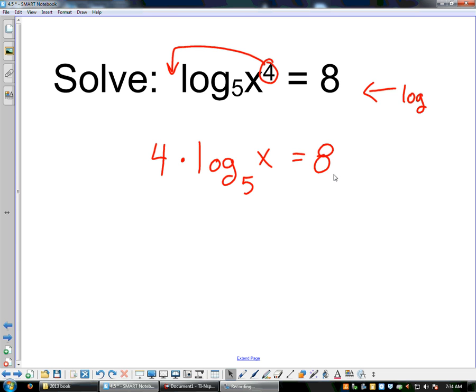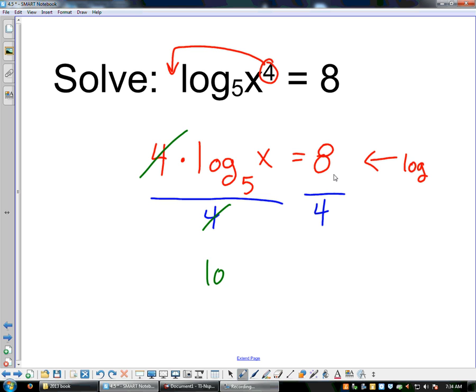That is equivalent, and that is still log form. But now it might be easier to solve for x. Let's clean this up a little bit first and divide both sides of this equation by 4. When we do that, the 4's divide out, and we're left with log to the base 5 of x equals 2.